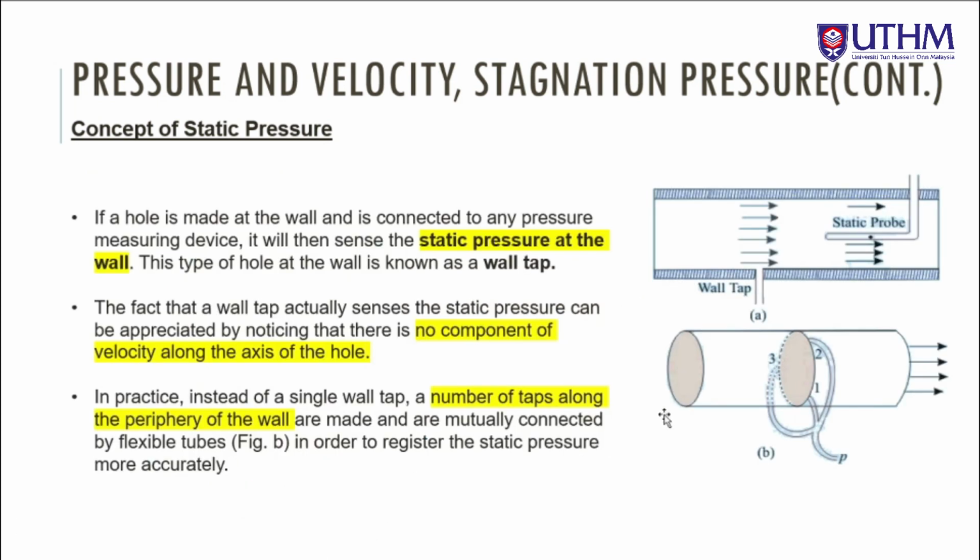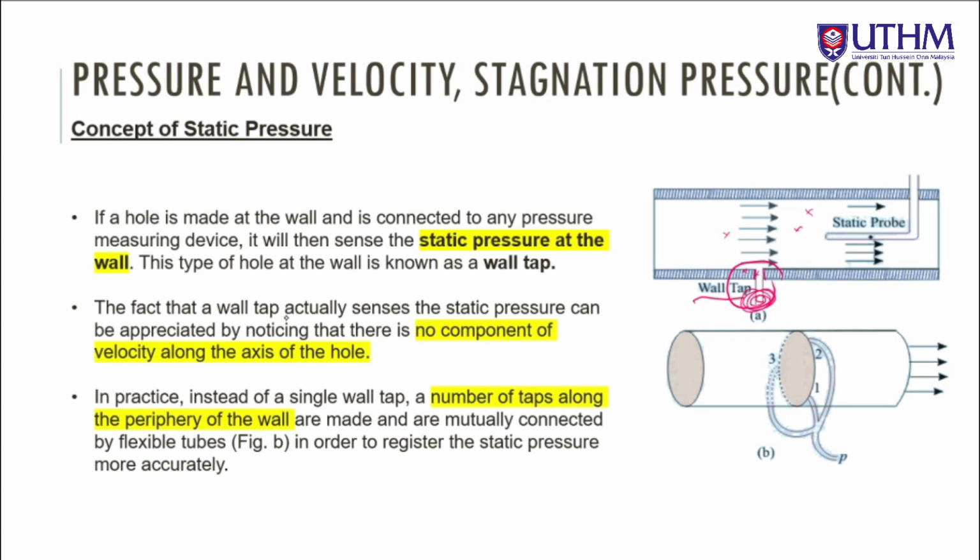Okay, so for the wall tap here, if a hole is made at the wall, it has a hole here and is connected to a pressure measuring device. Here we put the measuring device, and it will sense the static pressure at the wall. The static pressure here is actually the same as the static pressure anywhere else. And this type of hole at the wall is known as the wall tap.